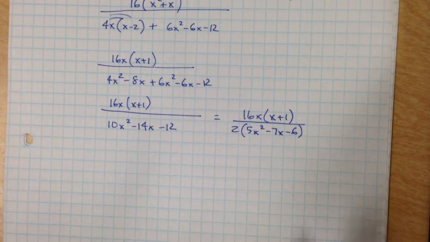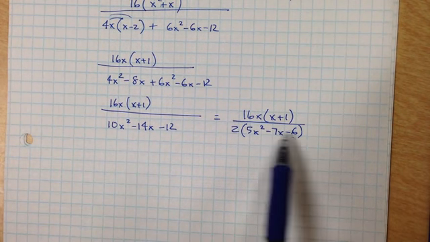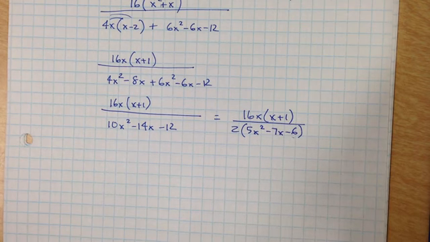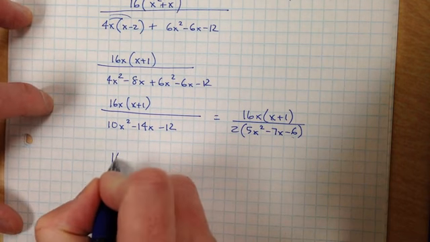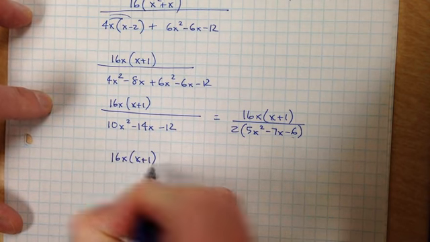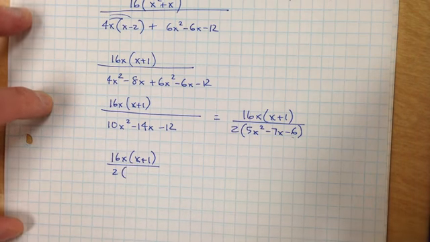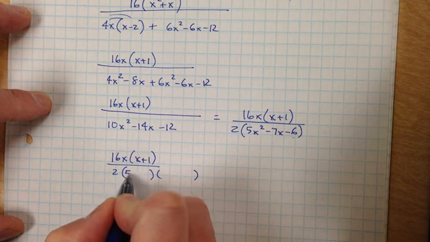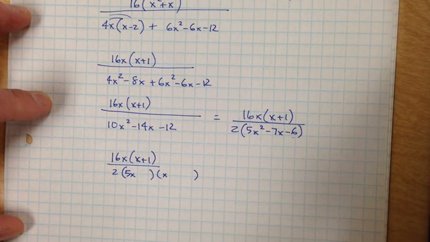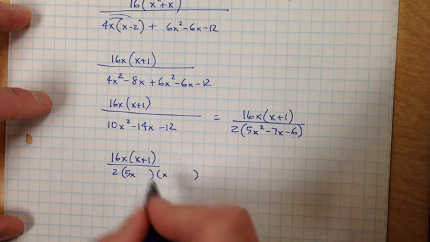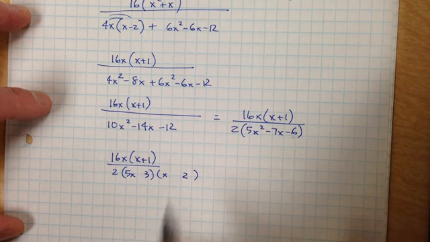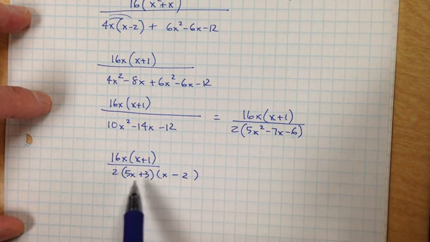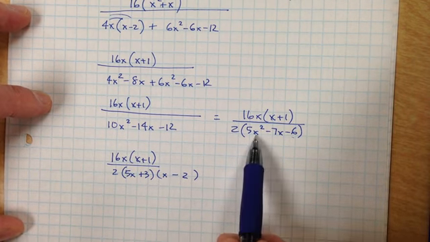Okay, now we are looking to factor this to see if anything down here will cancel with anything up here, and we need to have that in a factored form. So my top, 16x, x plus 1, over 2, and this will factor to, let's see, we will have 5x and x, 3, 2, positives here, negatives here, and then we'll check it real quick. 5 times x is 5x squared for my front.